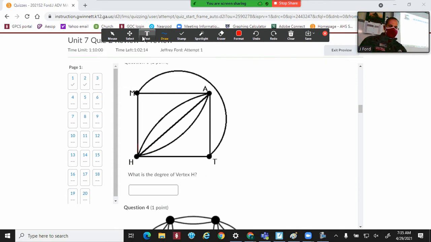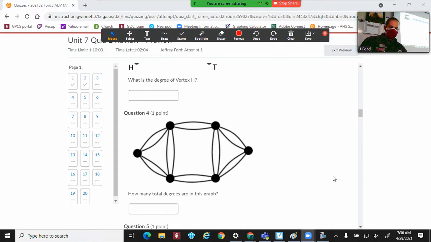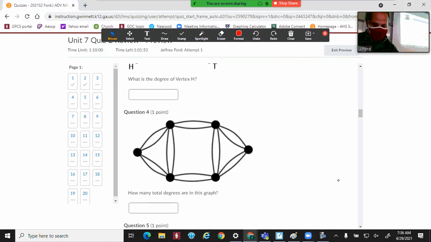Now, where a lot of students start to screw up, and I think the next question is going to ask me, is: what is the total degrees in this graph? Now, folks, this is actually pretty simple. To find the total degrees of any graph, all you do is find the degrees of each dot, and then you just add them up. For example, this has degree of 4.